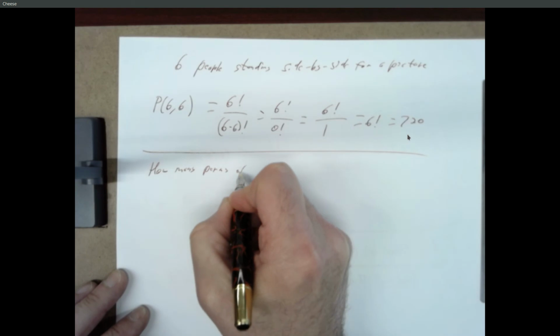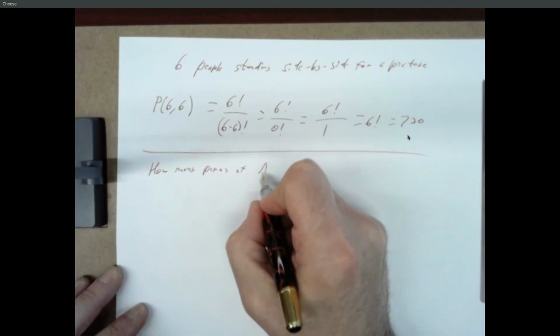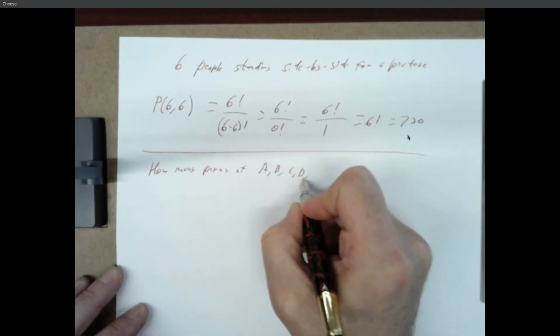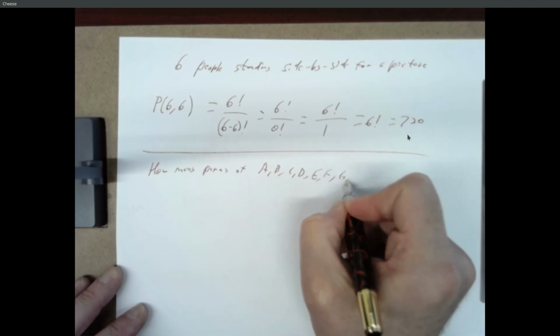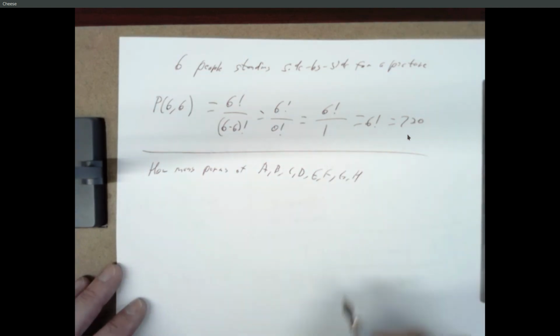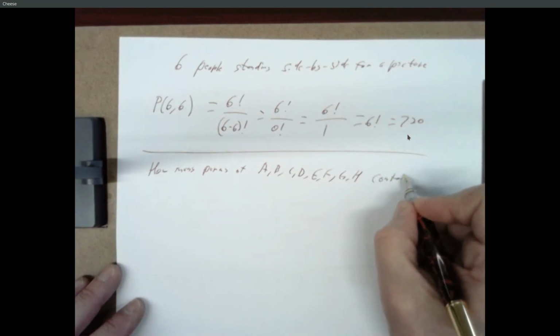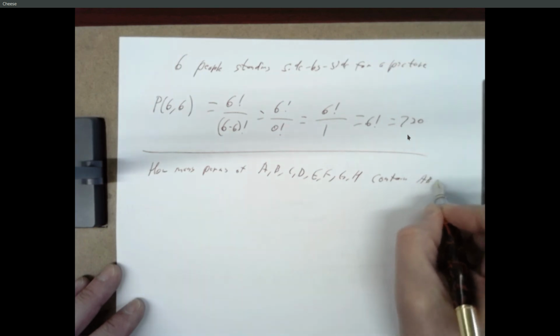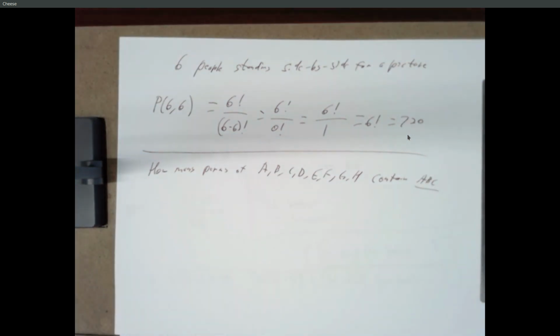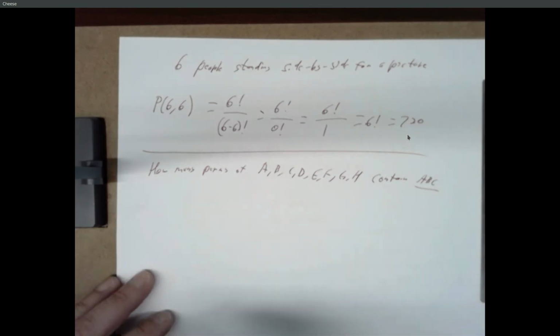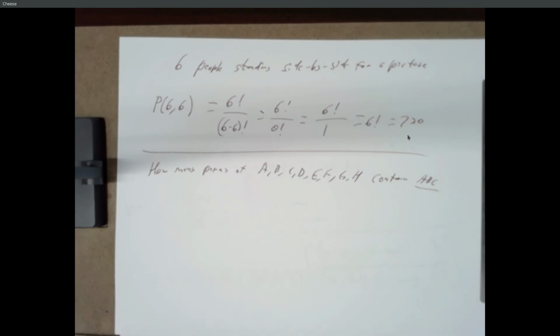So how many permutations of A, B, C, D, E, F, G, H contain ABC somewhere inside? So we want to rearrange these 8 letters, but when we rearrange them, we want A, B, and C to be next to each other. So how many different ways can we rearrange A through H such that A, B, C are next to each other?